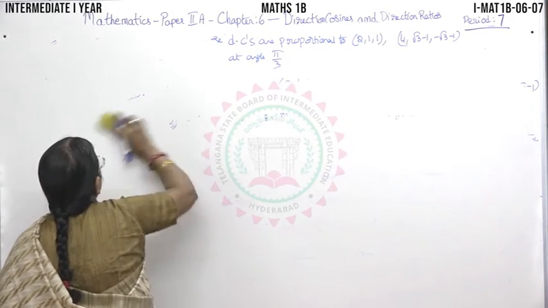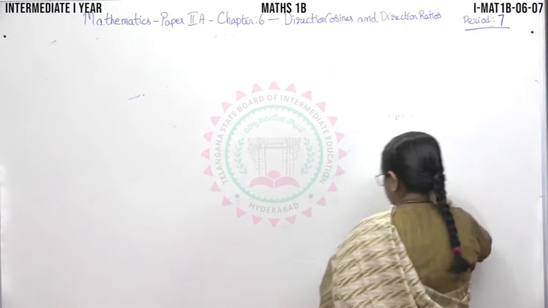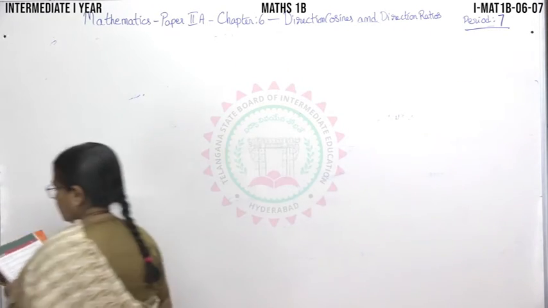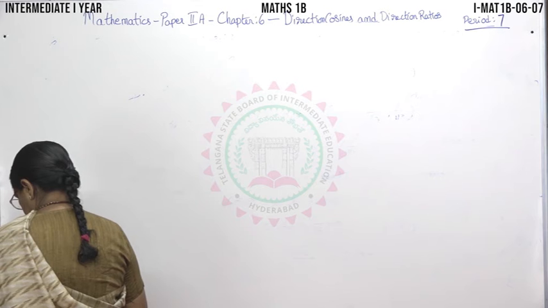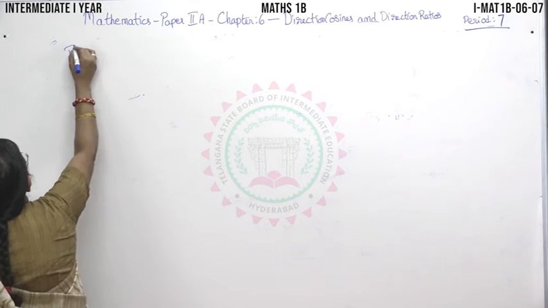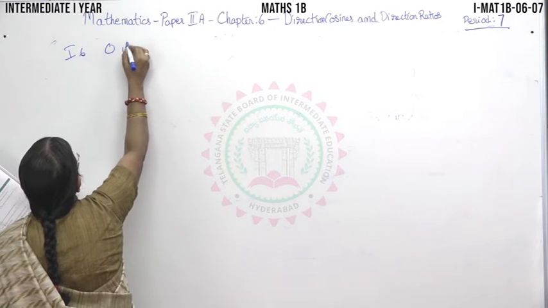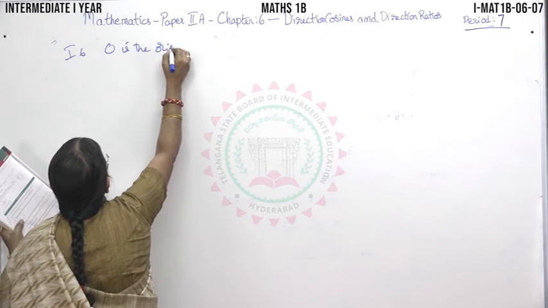Okay, the next problem. Then we'll do this problem. Sixth problem, first section. O is the origin.